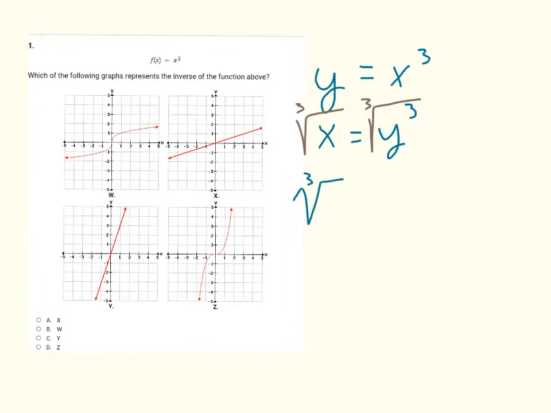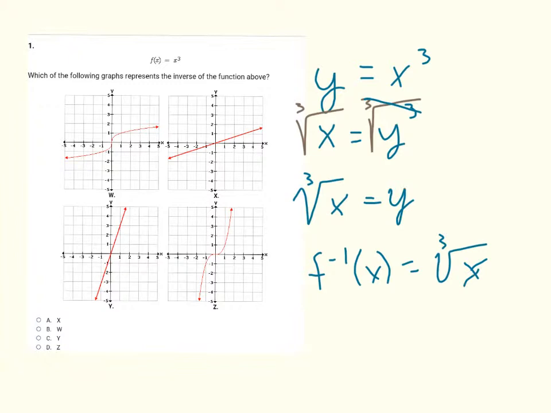So here, this is going to be the cube root of x is equal to, and these roots and the cube cancel, y. And now y is by itself, so this is the inverse of our original function, the cube root of x.